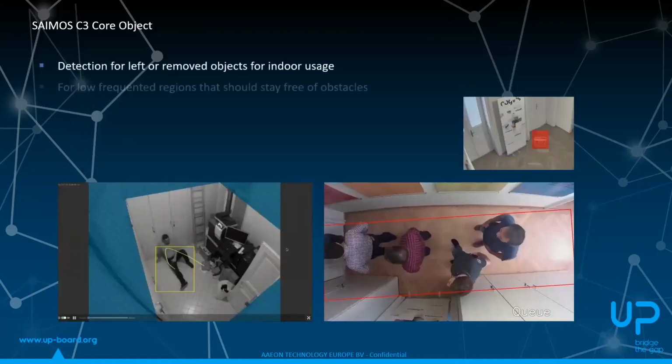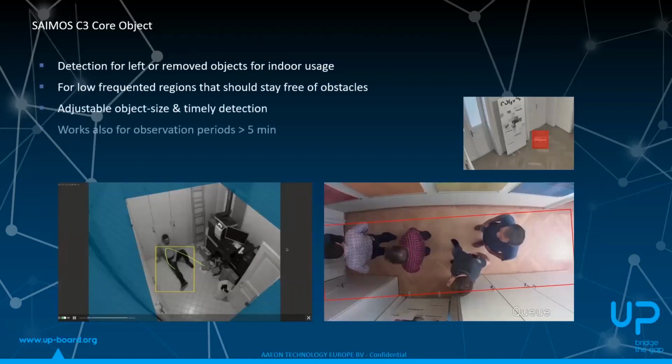And now to core objects, so the left and removed object detection, which basically enables you to find, as mentioned, left and removed objects. It's built for low frequented indoor regions.